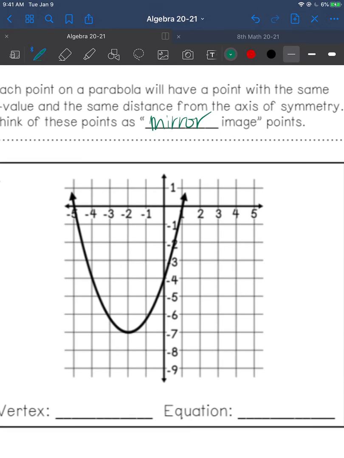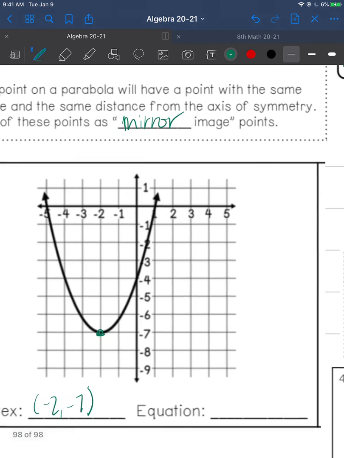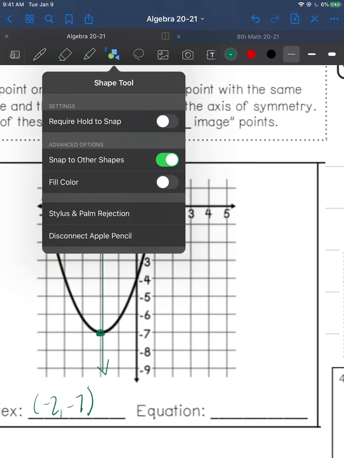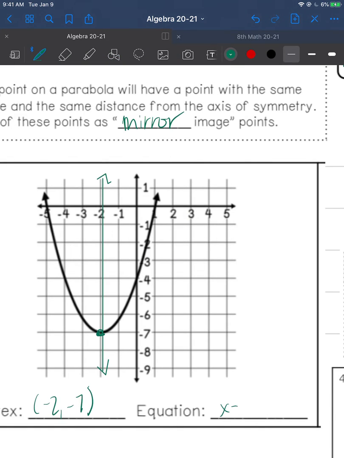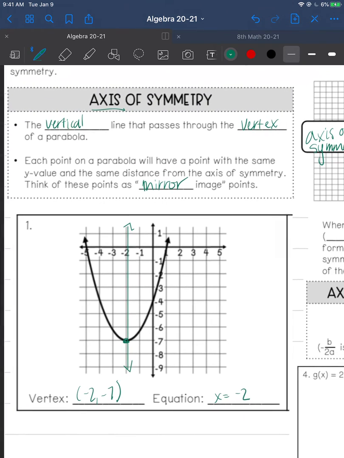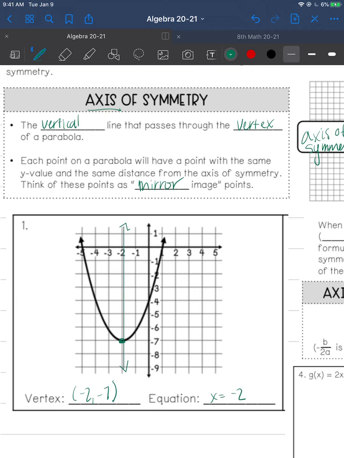So on this one, our vertex is -2, -7, and this is our axis of symmetry. And that line, remember it's not y equals because it's vertical, so it's x equals -2.